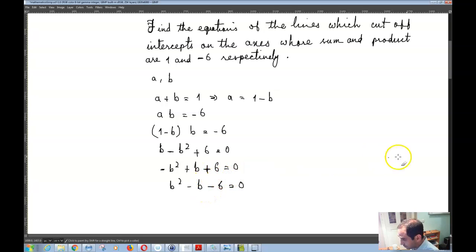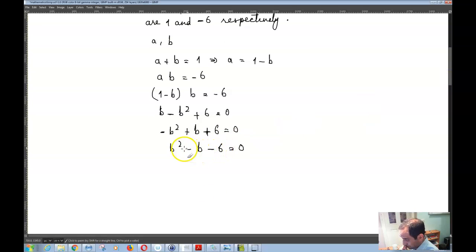And so now you're looking for two numbers, let's call them A and B, such that A times B is equal to 1 times -6, which is equal to -6, and A plus B is equal to -1. There is a -1 over here.